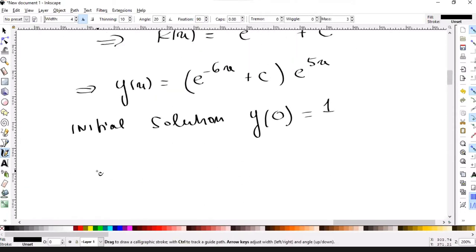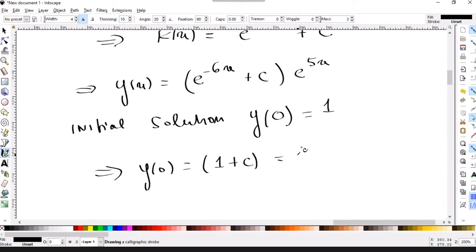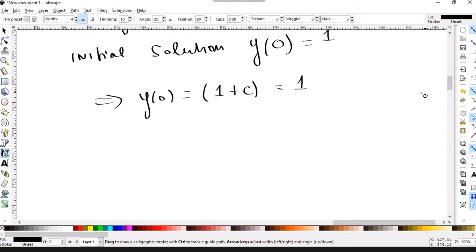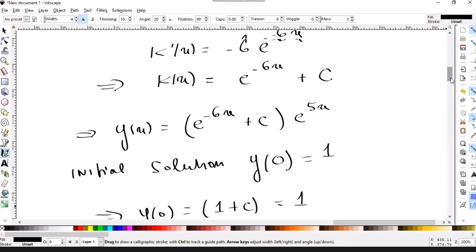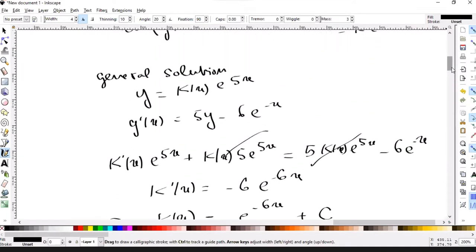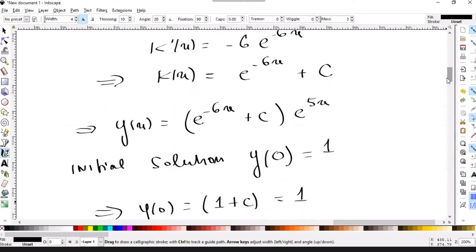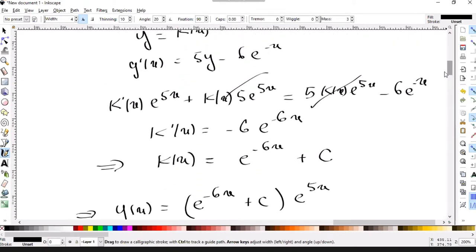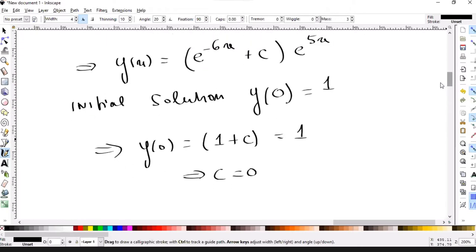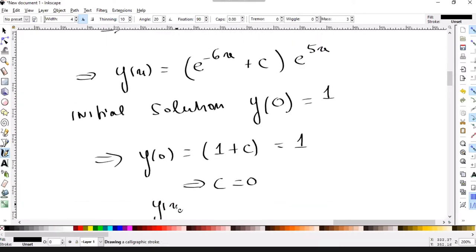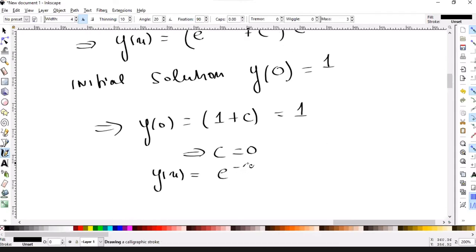So I will find 1 plus c is equal to 1, and c equals 0, right? Okay. So y of x is equal to exponential minus x multiplied by exponential 5x.